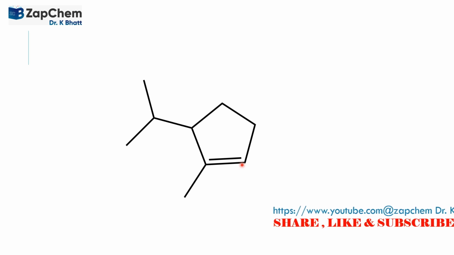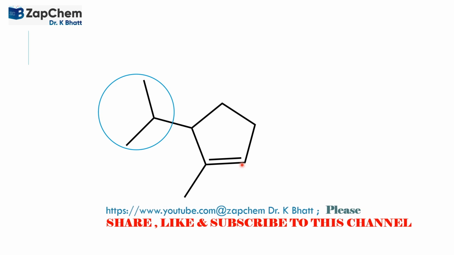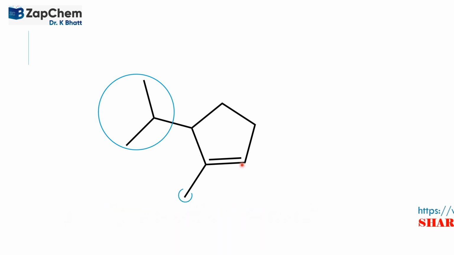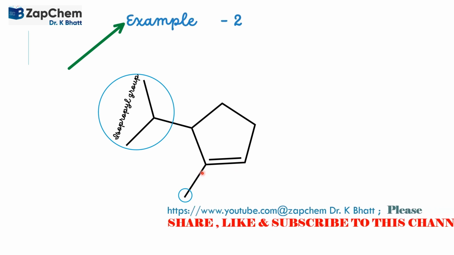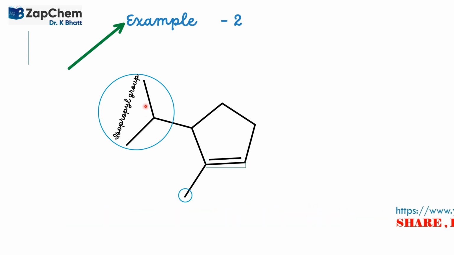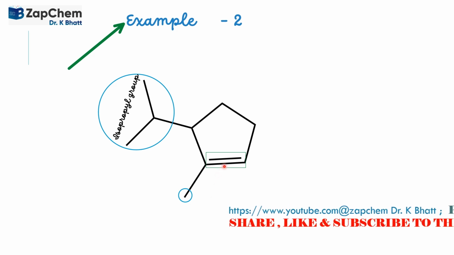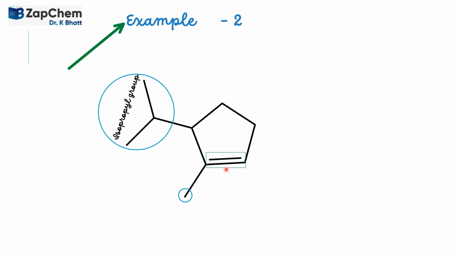Then as we find here, again there are substituents. 2 substituents are there, and this is our example 2. There is a substituent known as the isopropyl group, and the other substituent is the methyl group, and the double bond represents an alkene. Accordingly, we have to name it.